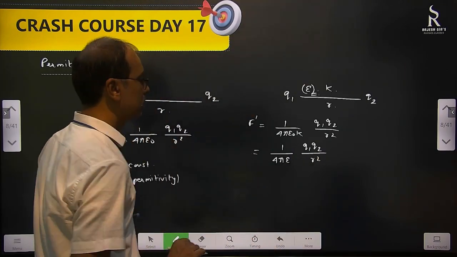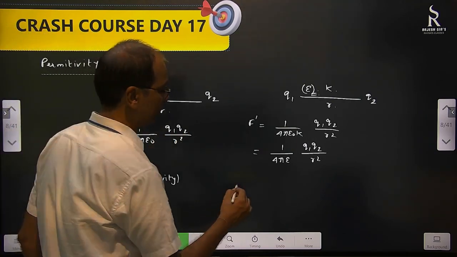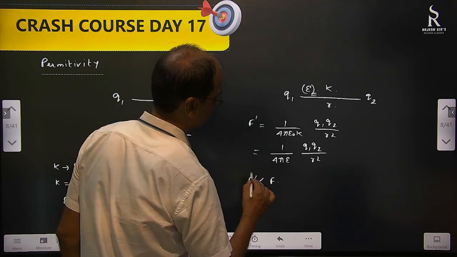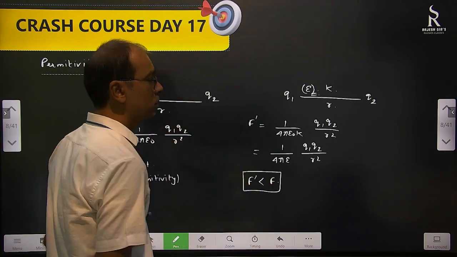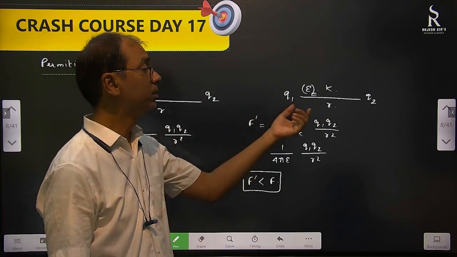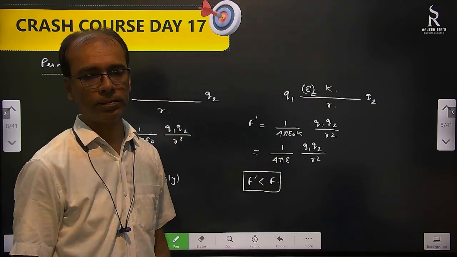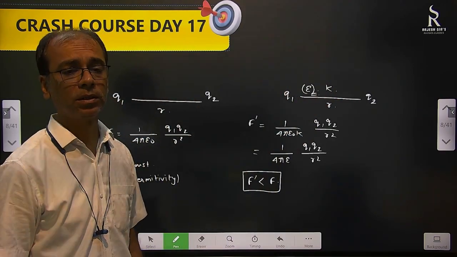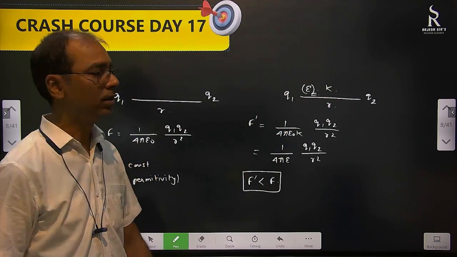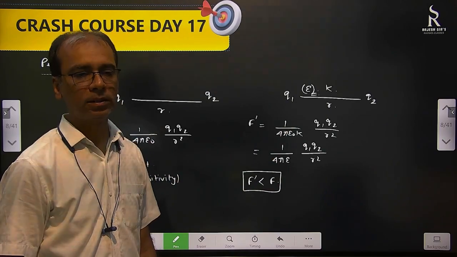So what is here between F and F dash? F dash is less than F. Because of this medium's permittivity, the force exerted by Q1 on Q2 is decreased. That means, is the permittivity of the medium opposing the force exerted by Q1 and Q2? Answer is yes.